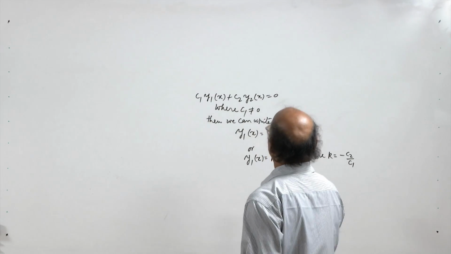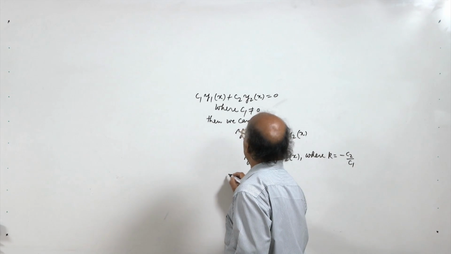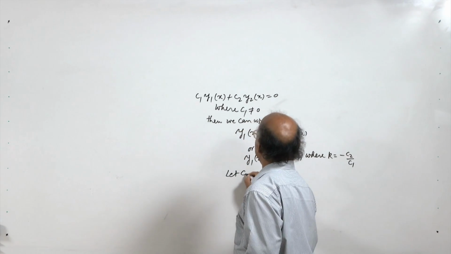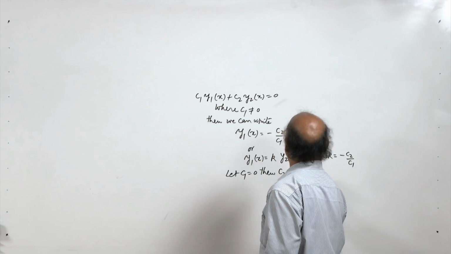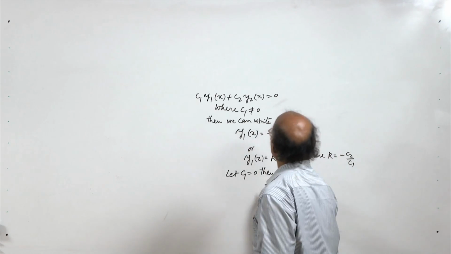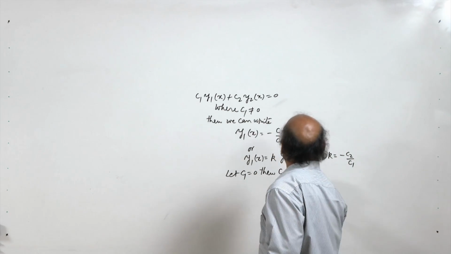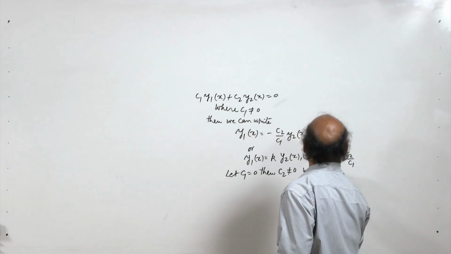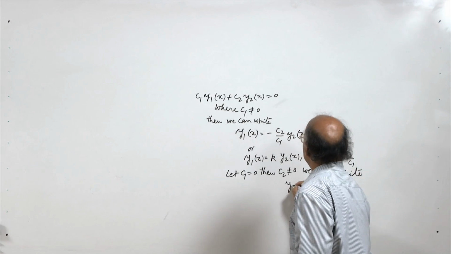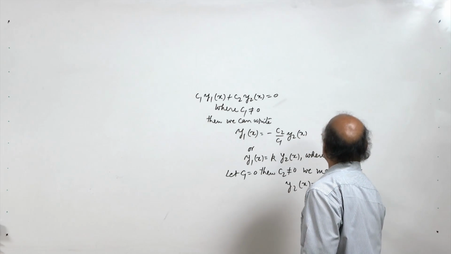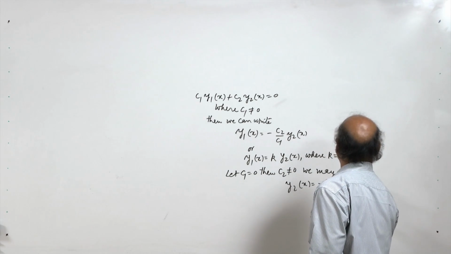If instead c1 is equal to 0, then c2 must be not equal to 0. If c2 is not equal to 0, then we can divide this equation by c2 and write φ2 is equal to minus c1 by c2 into φ1(x).